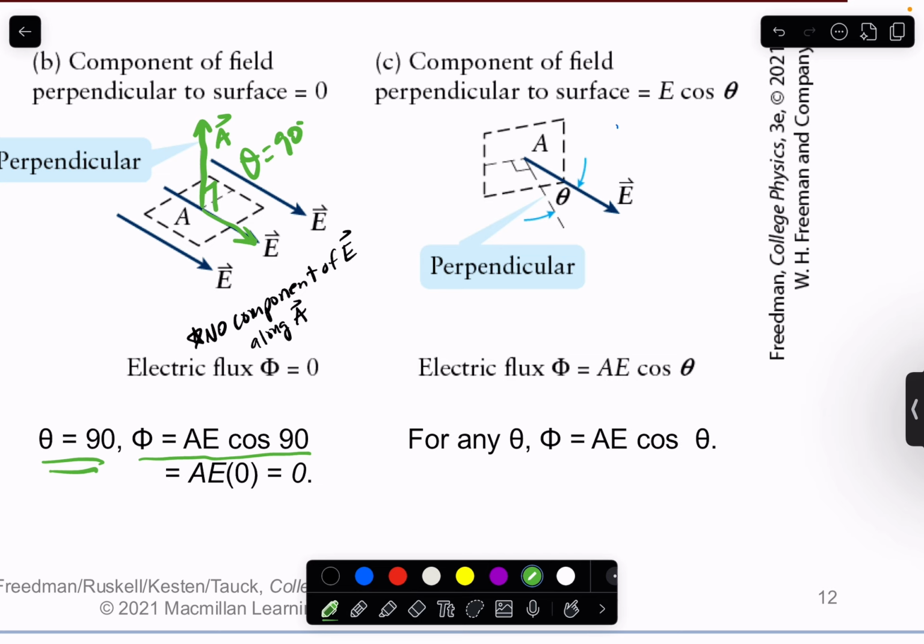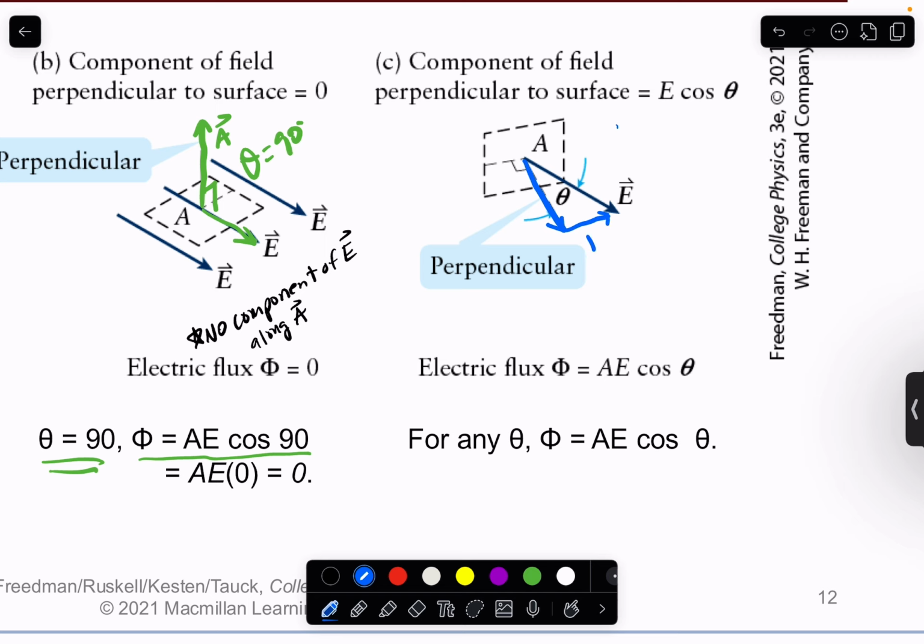And then finally, if you have your electric field at some arbitrary angle theta with respect to the normal of the surface, then you're going to have the expression A E cosine theta, which we got from looking at the components of E, breaking the components not into X and Y, but into the component along the perpendicular and the component parallel.